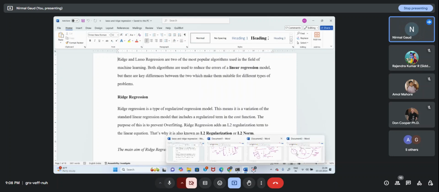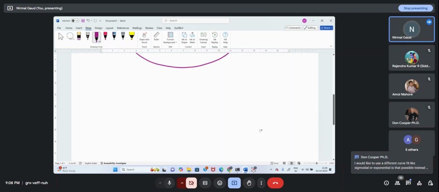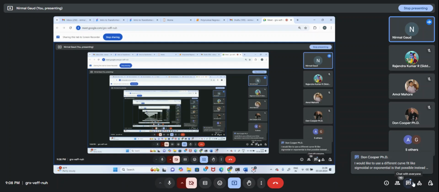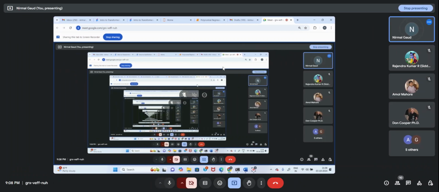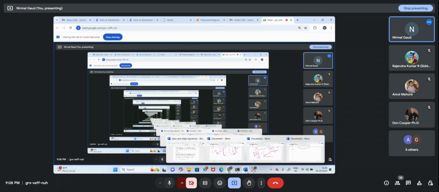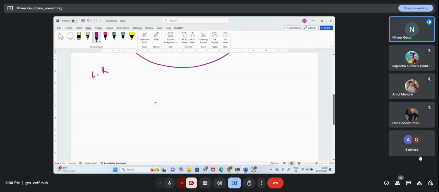So, in yesterday's class, I discussed lasso and ridge regression. Any question, please say. I would like to use a different curve fit, like sigmoidal or exponential. Is that possible instead of polynomial? Sir, I think I haven't seen that, n features, the value of n to be something different.